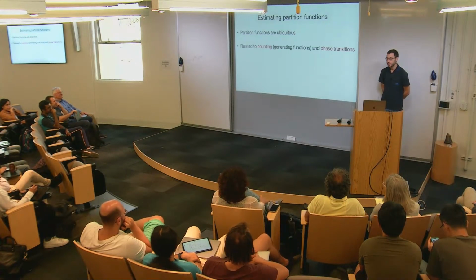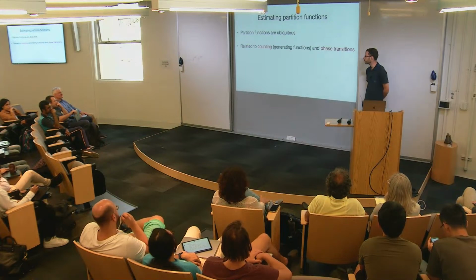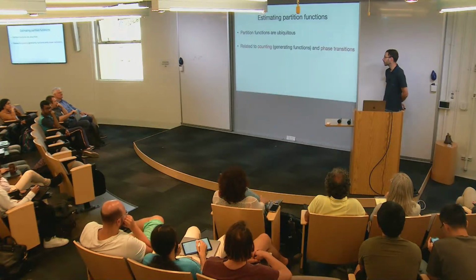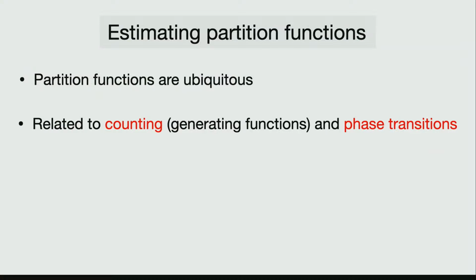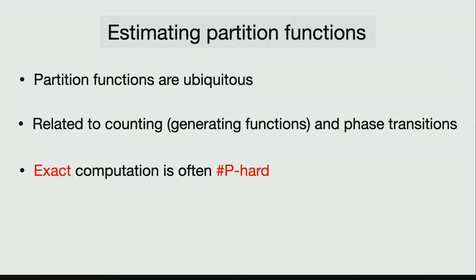Okay, so as I said, this is related to counting tasks and also to phase transitions, because usually when a phase transition happens, this is reflected in the complexity of computing the partition function. Unfortunately, computing the partition function exactly is usually sharp-P hard, meaning you don't even expect to have an efficient quantum algorithm.